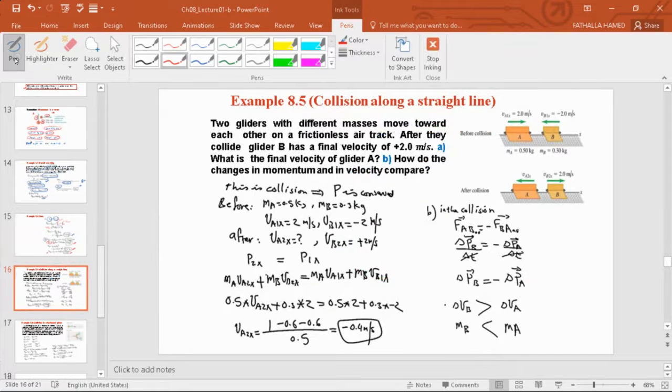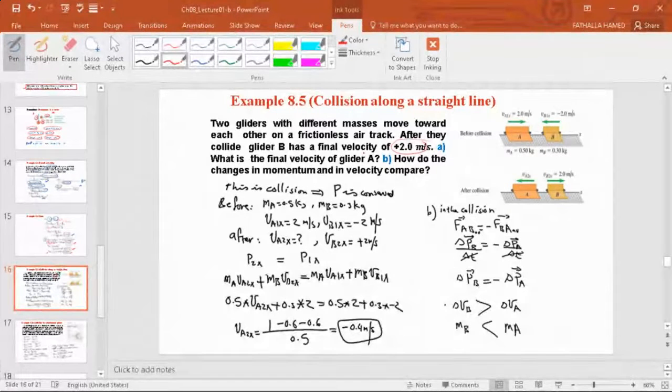Let's continue with that as well. We'll take another example here. You have two gliders with different masses moving toward each other on a frictionless air track. After they collide, glider B has a final velocity of 2 meters per second.